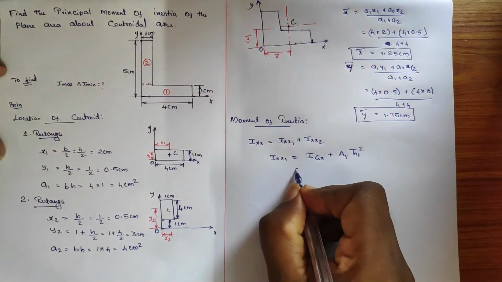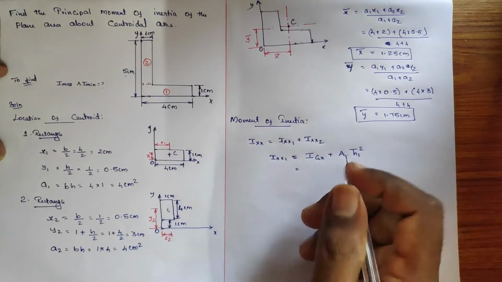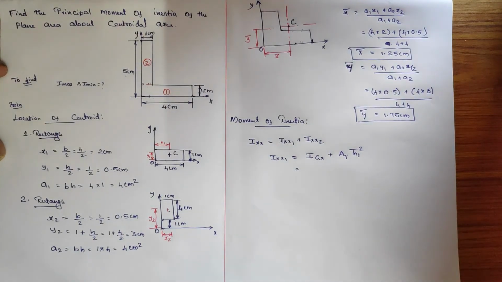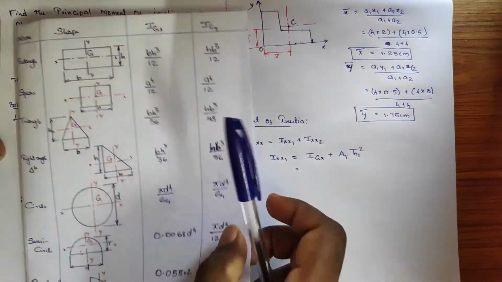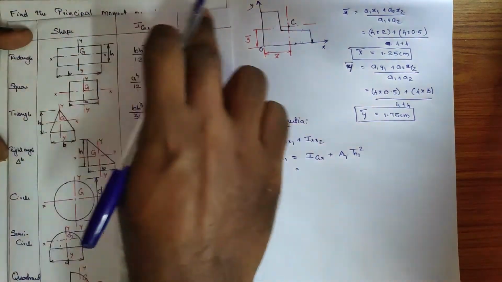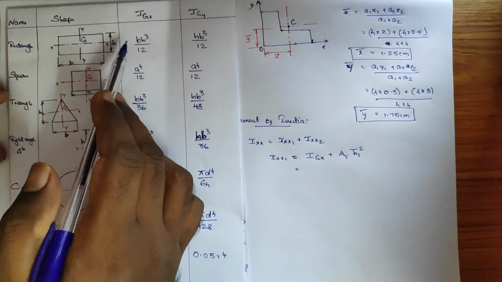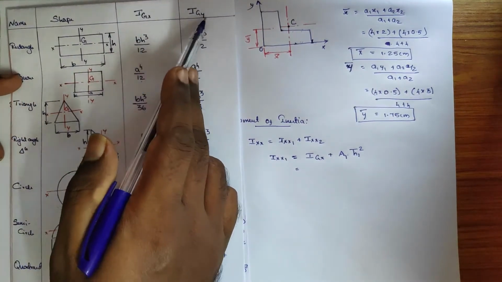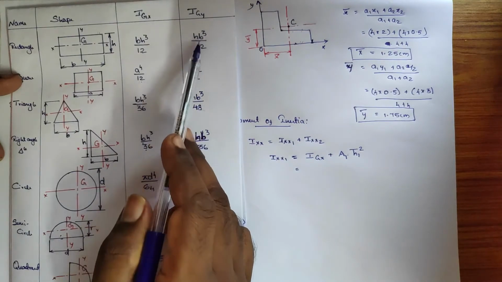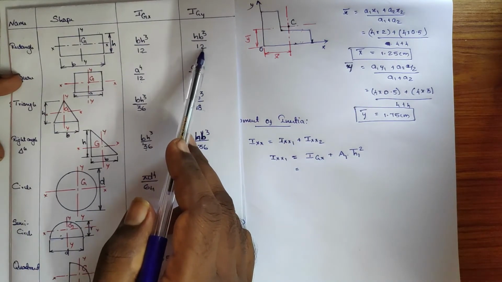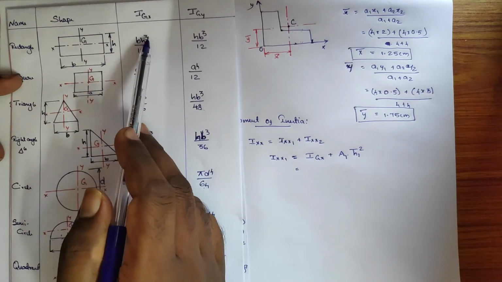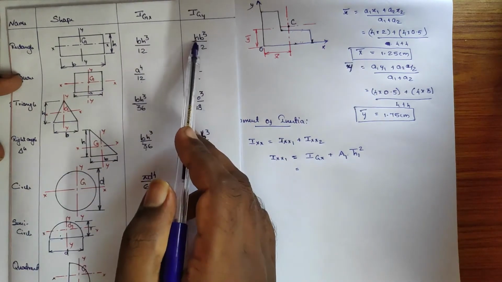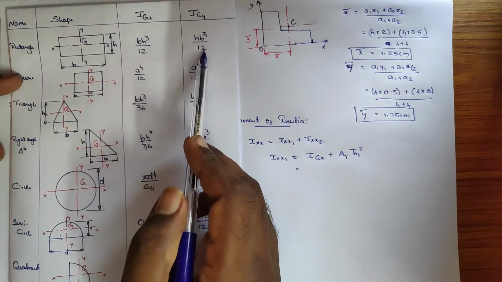So Igx for the rectangle: for the rectangle shape, the moment of inertia is bh cube divided by 12, and Igy is hb cube divided by 12.